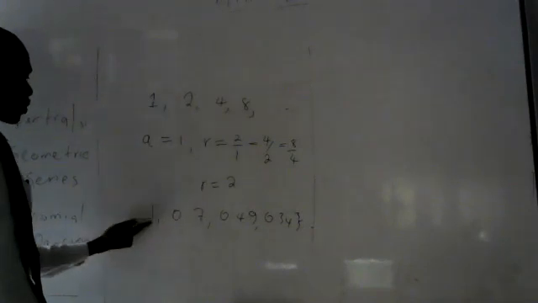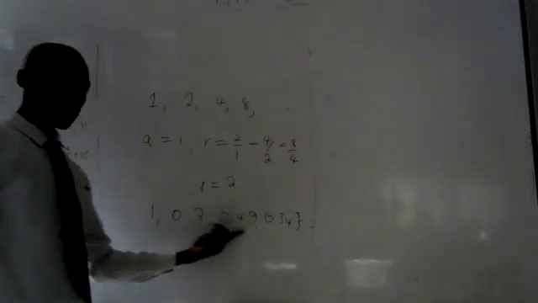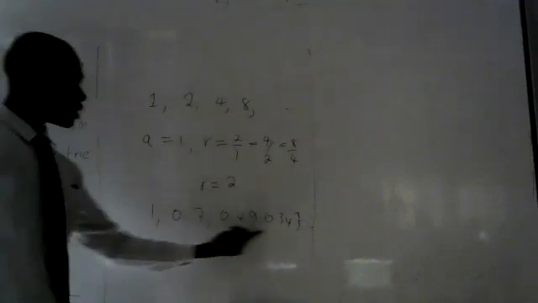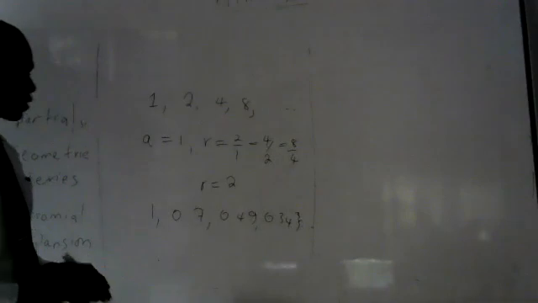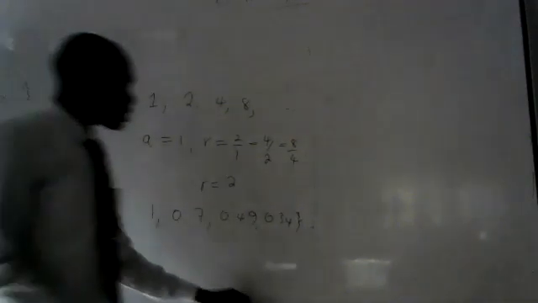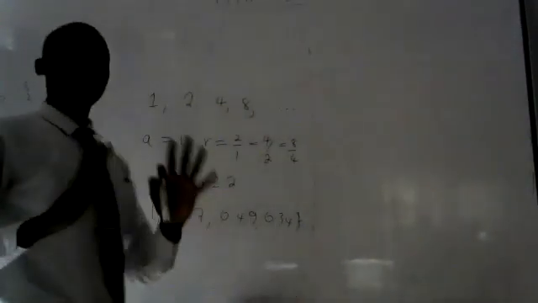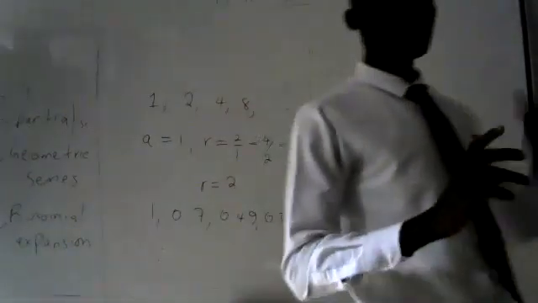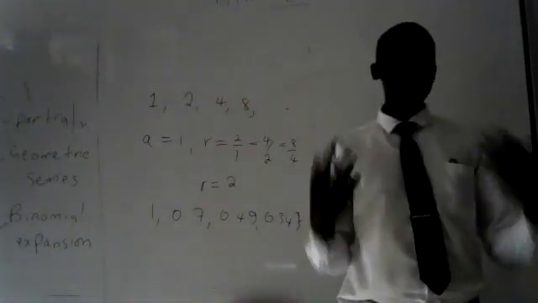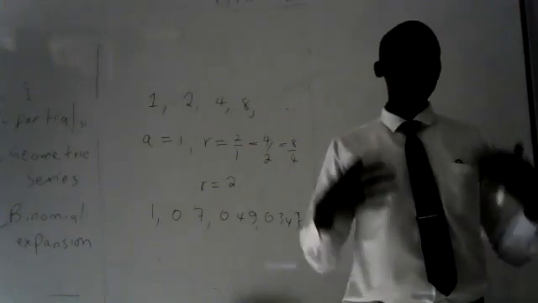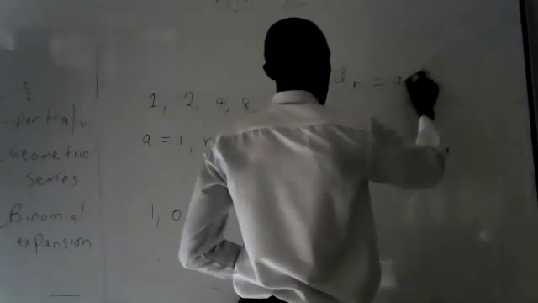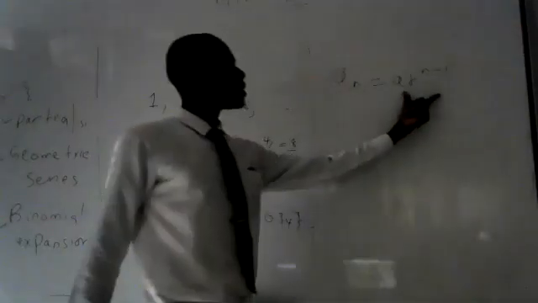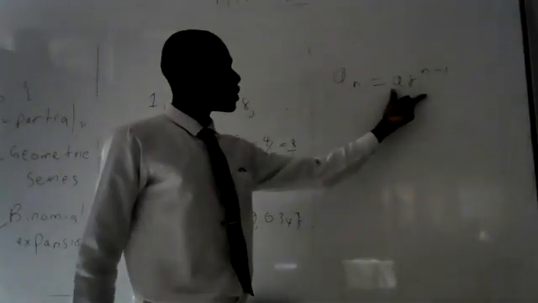So 0.7 divided by 1 is 0.7, 0.49 divided by 0.7 is 0.7, 0.343 divided by 0.49 should also be 0.7, I suppose. Now we know the formula for finding the nth term. Given the first term and the common ratio, the nth term is simply the product of R raised to n minus 1 with A. We write A_n as AR raised to n minus 1. It is the R that is raised to n minus 1, not everything.